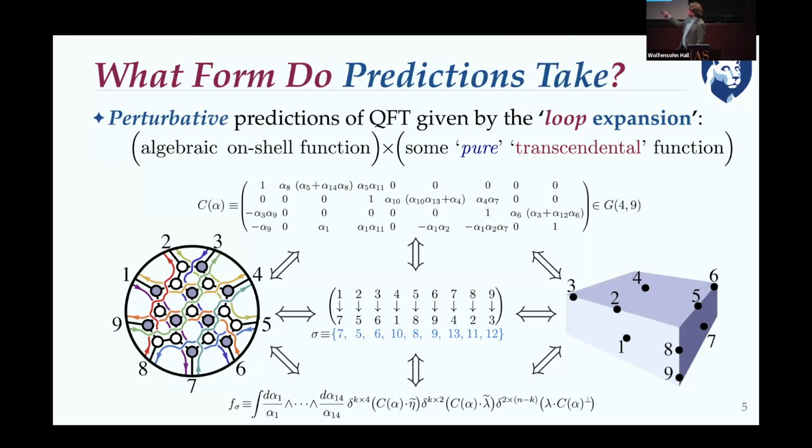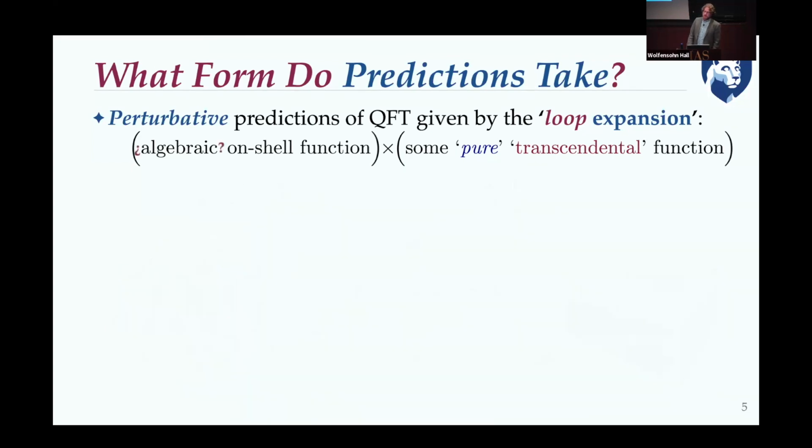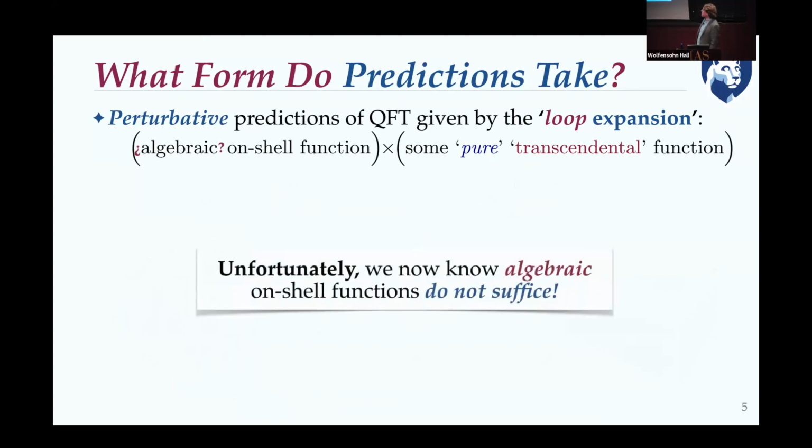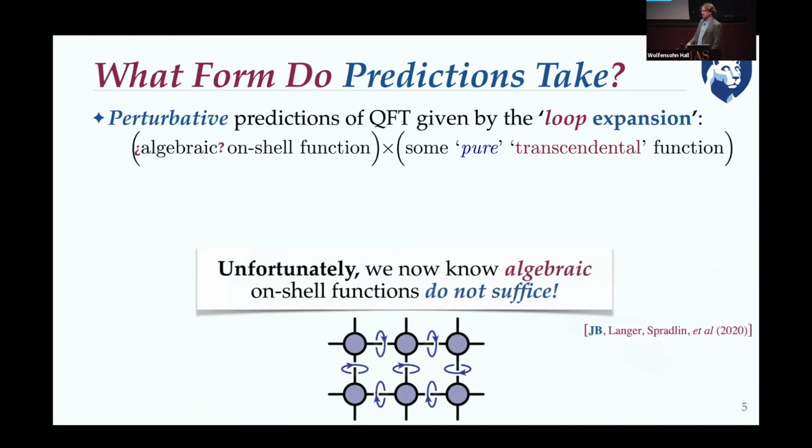Are the results of doing loop integrals of perturbation theory, do the list of functions that we can easily categorize, do they span the space? So algebraic, and it turns out we now know that's not true, or at least not these things here.